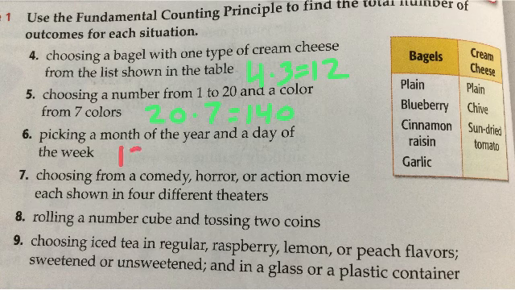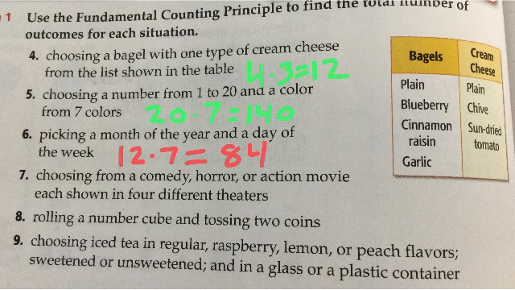There are 12 months in the year. There are 7 days in a week. Just a day of the week. So you're picking like a Monday in January or a Thursday in December. So 12 times 7 would be 84.